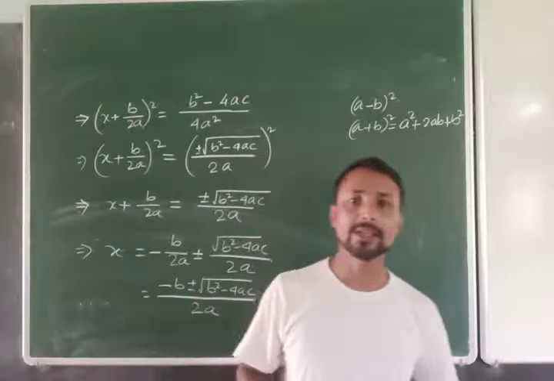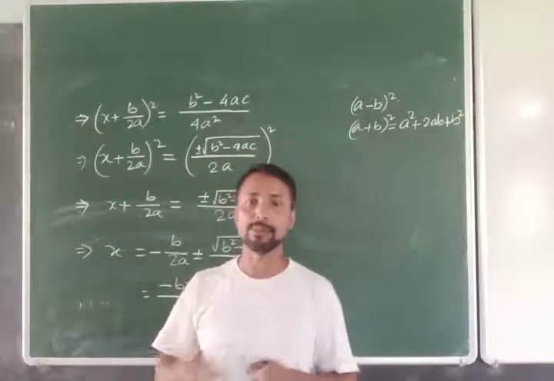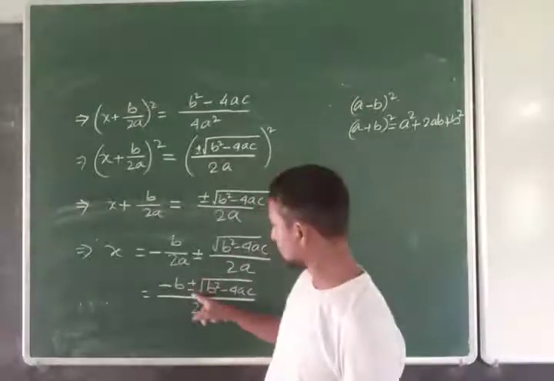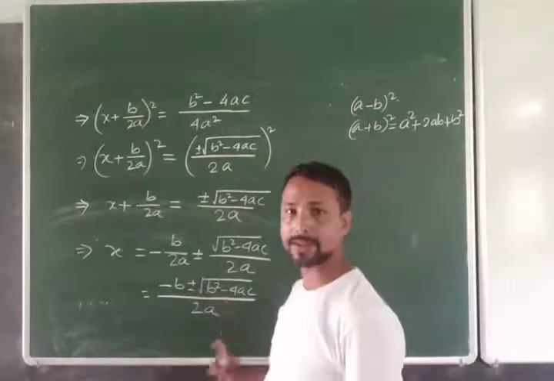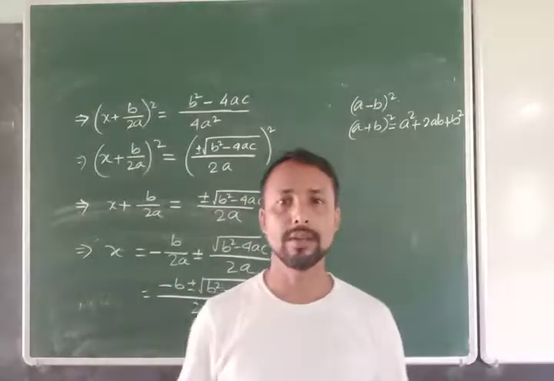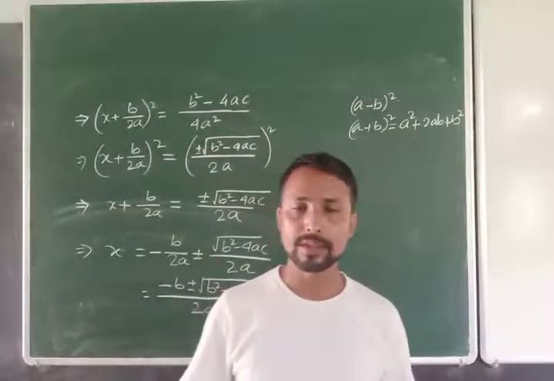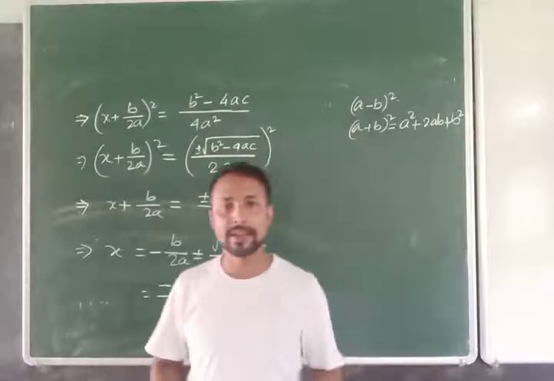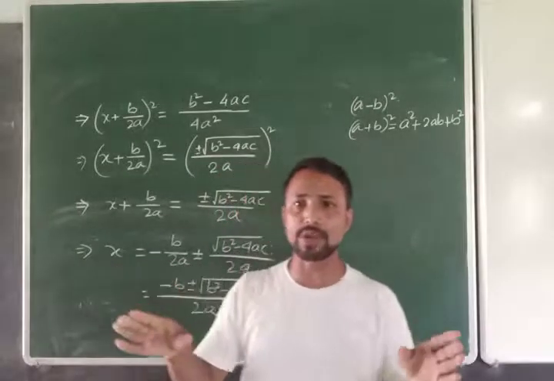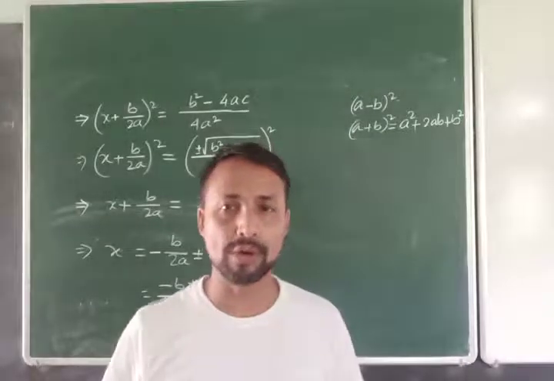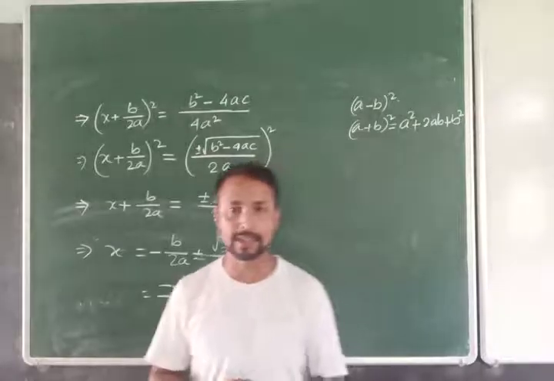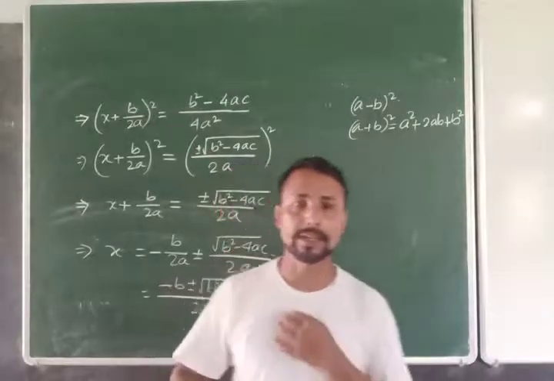B square minus 4ac will determine it, not any other part. This portion only helps us know whether real roots exist or not. If real roots, well and fine. If not, then they will be imaginary roots. Since imaginary numbers we have not learned, or are not going to learn in class 10 general math, it is not necessary.